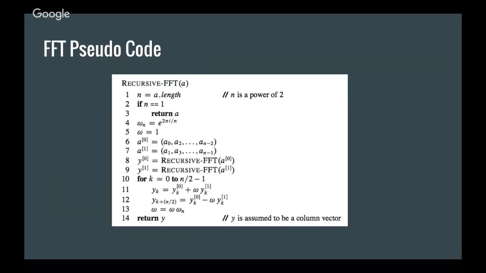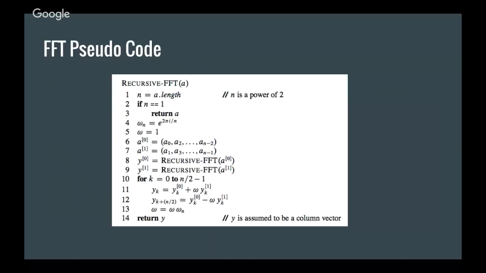And line 2 just says if n is equal to 1, just return a. That's your base case. So before you move on, you want to test your base case. Otherwise, we use the complex roots of unity, and lines 4, 5, and 13 guarantee that omega is updated properly, so that whenever lines 11 through 12 are executed, we have omega equals omega to the k raised to the k of n.